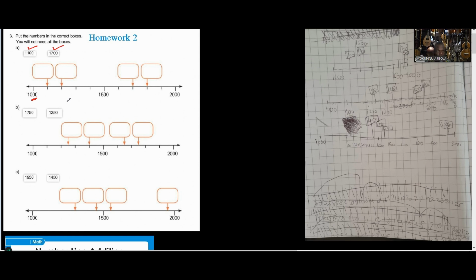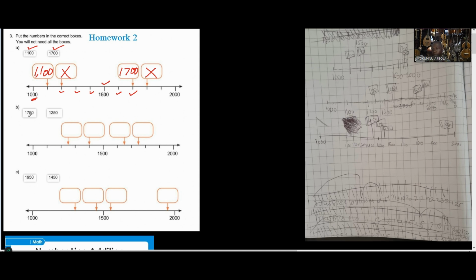So 1001 should come here, then this should be 1002, 3, 4. Then this is 1100. Then this is 1600, 1700 will be here. While we will not use this box and this box.